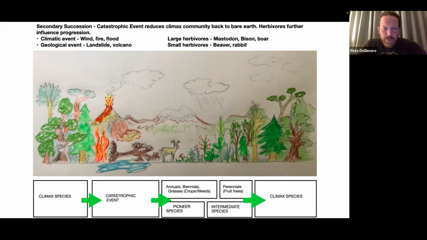I had to draw it myself because I wasn't sure about copyright and nicking things off the internet. I've been caught out like that before. But you've got to throw in the large herbivores as well, because they will often keep those pioneer species down and make it more difficult for the ecosystem to make its way back to the climax species, and that's where we get the richness of environments that we see around us.